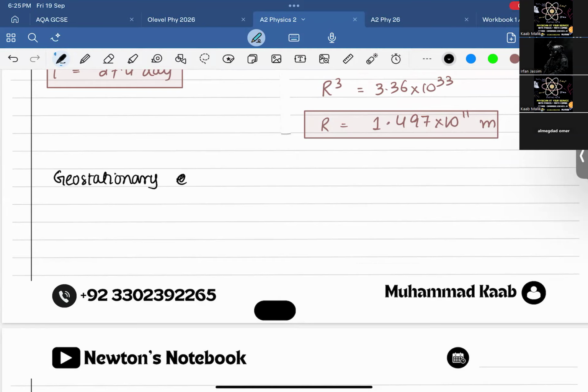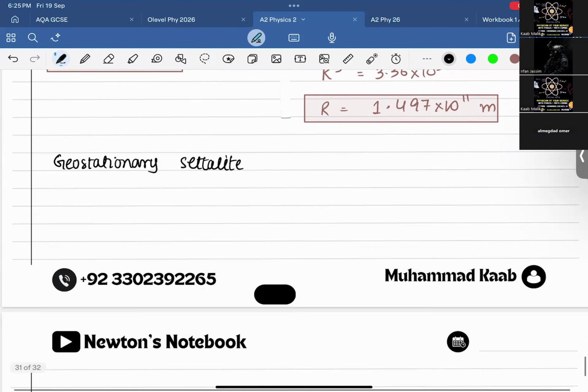It is basically a satellite used for GPS, the Global Positioning System, and it has three properties.